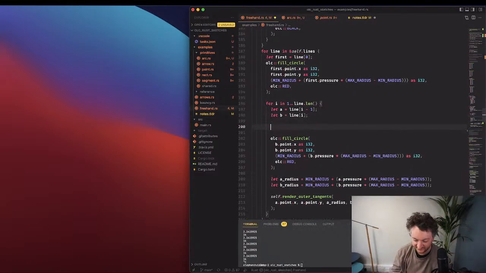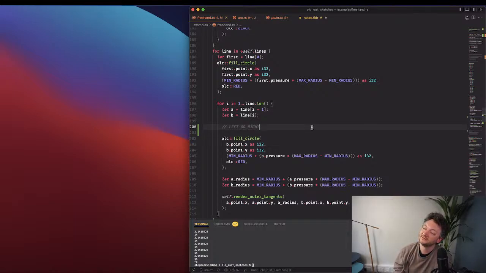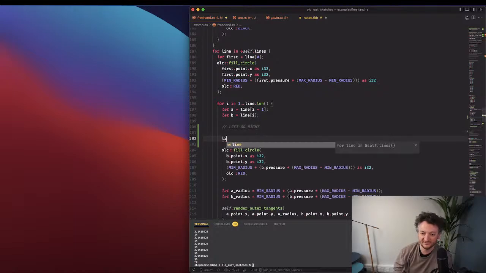And so we need to figure out, is this going left or right? Is it going left or right? And so the dot product will tell us whether it's changing, but it won't tell us the direction of that change. So I need to figure out the angle, I think.